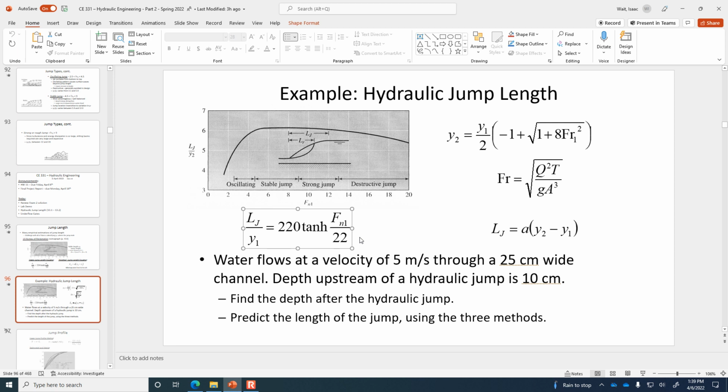I've got it on my calculator. Let's see. Okay, so tanh of 0.2295 is itself 0.2256.